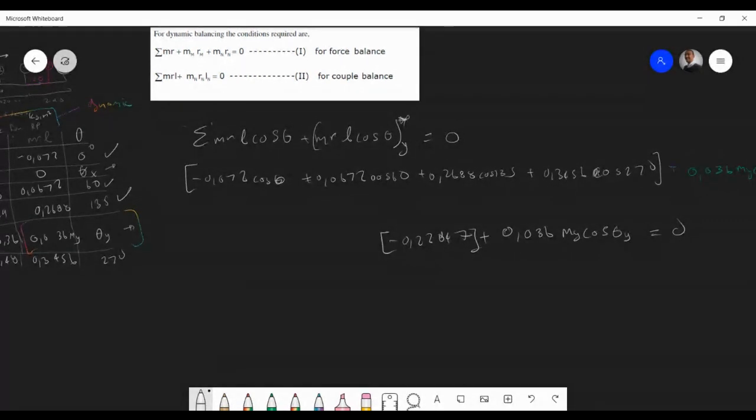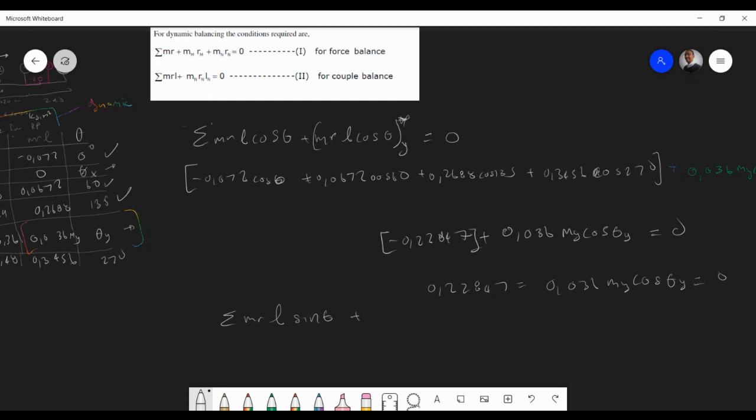Obviously, what we do now, we can carry this over here, and it'll be equal to this. But obviously, here we have two unknowns, right? So what we do now is the sum of M or L sine theta, plus exactly the same.